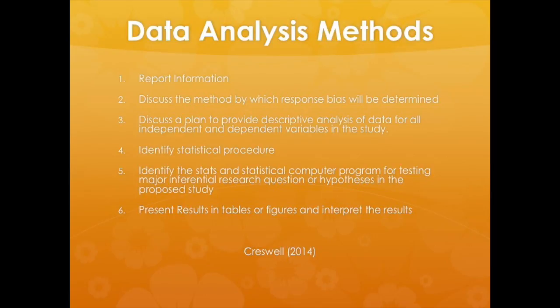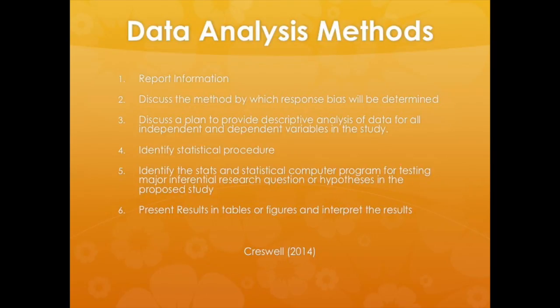To summarize step 5, you're going to talk about your rationale for the choice of statistical tests. You're going to identify independent and dependent variables. And all of these components will help a researcher figure out what is the best statistical test to use.